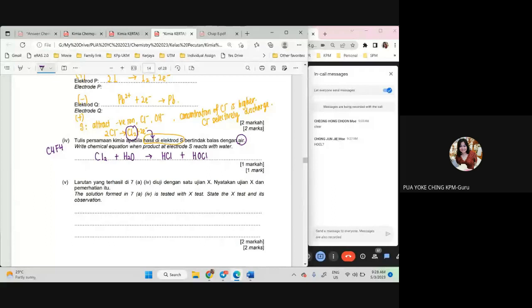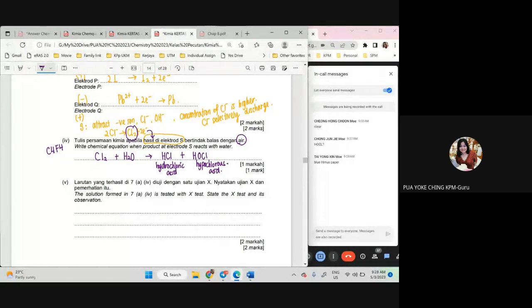Okay. Junjie, apa masalah? HOCl? Ya, HOCl. Ini ialah hydrochloric acid. Ini ialah hypochlorous acid. Okay.